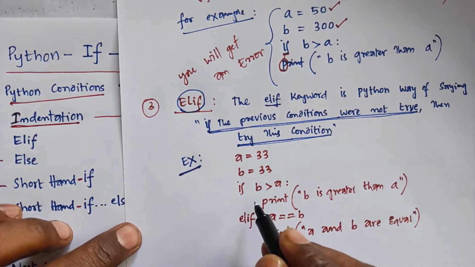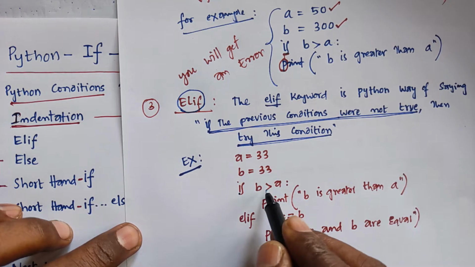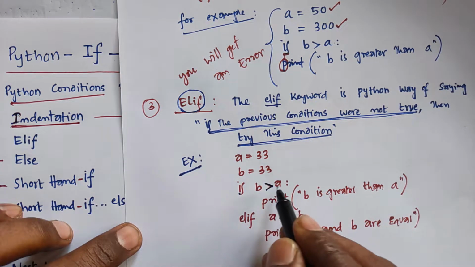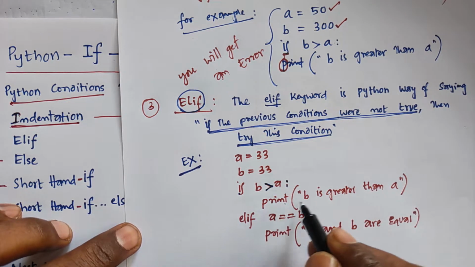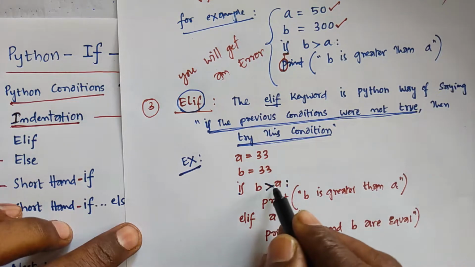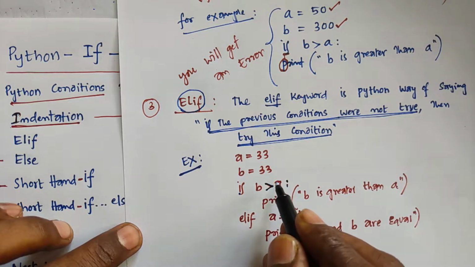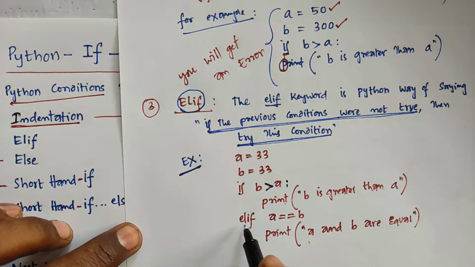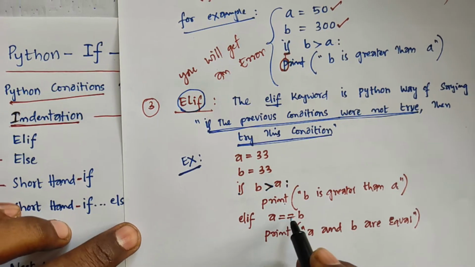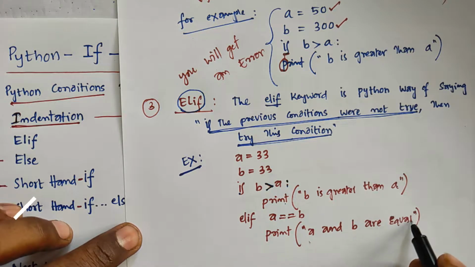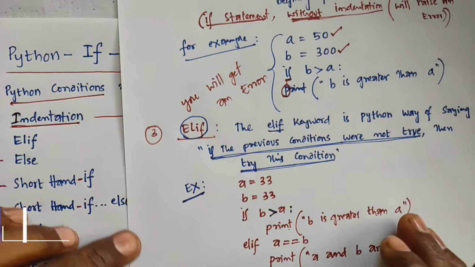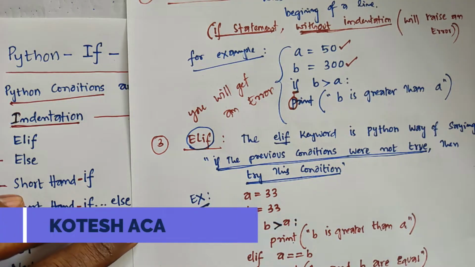Actually both are the same. Now we write the if instruction: B is greater than A, and at the end of this you use a colon. Then print B is greater than A. But this condition was not satisfied. Then you use the next condition, elif: if A is equal to B, then you write print A and B are equal. So this is the example for elif.